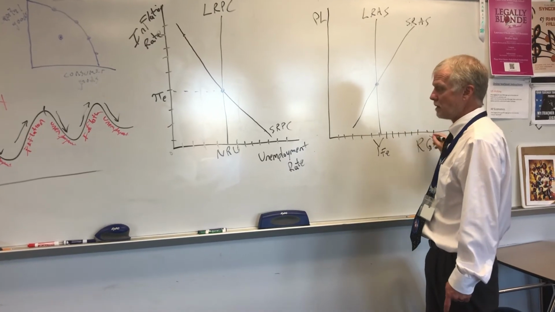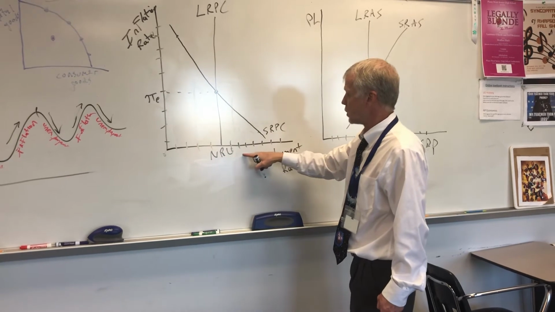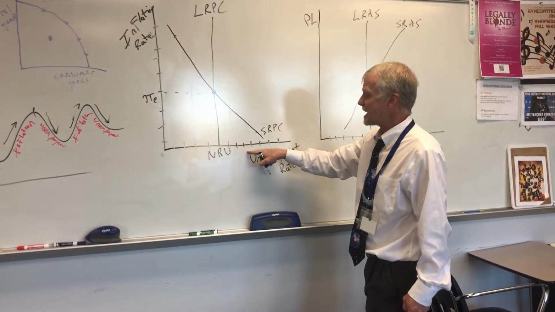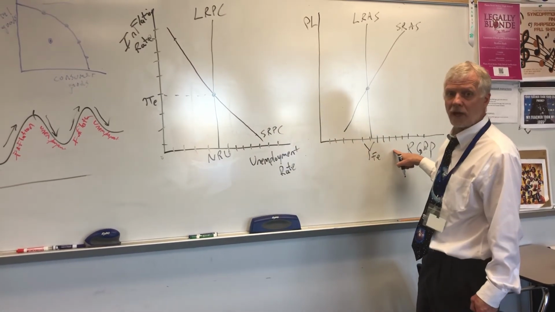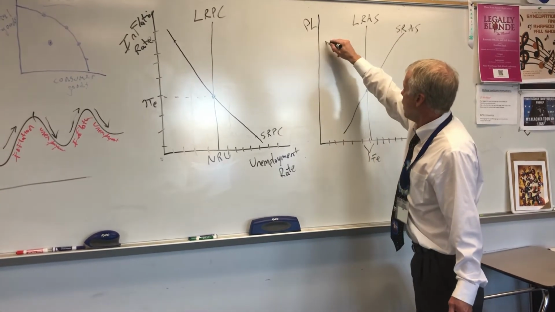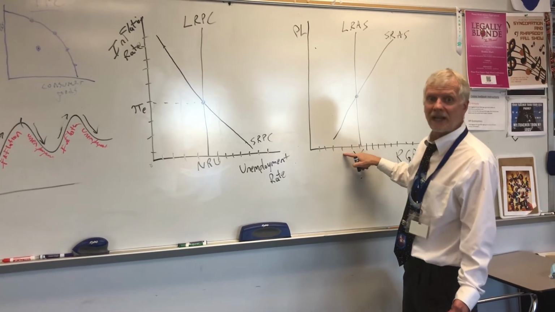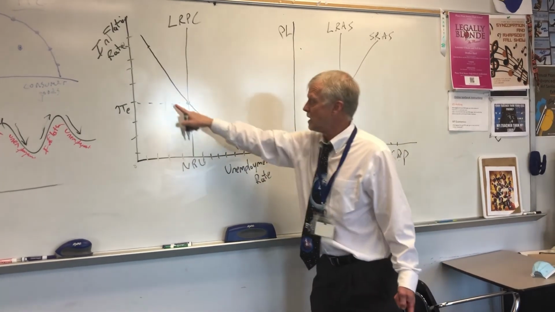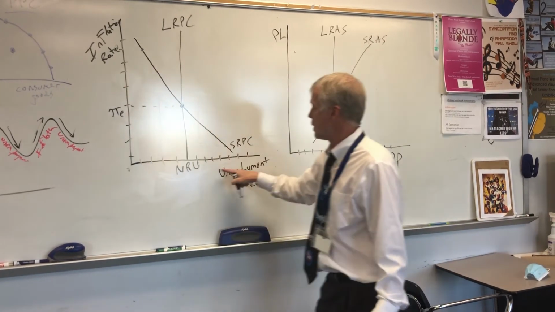It's the same thing. It's just reversed in that the horizontal axis on the Phillips curve represents that as more and more people are unemployed, less and less stuff is getting made. The horizontal axis on the SRAS, AD, LRAS graph represents that more and more stuff is getting made, so more and more people are getting employed. So the SRPC is basically representing a downward sloping inverse relationship between inflation and unemployment.